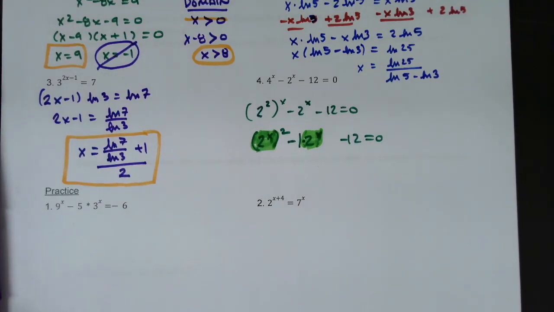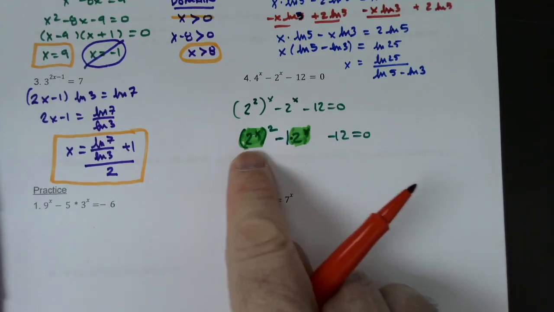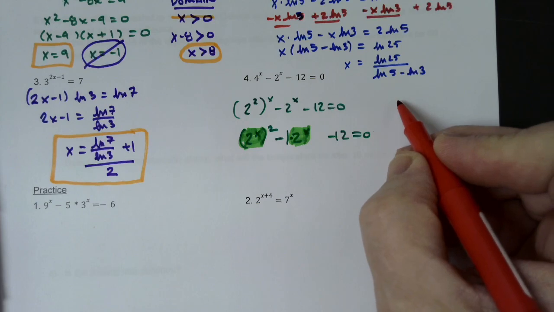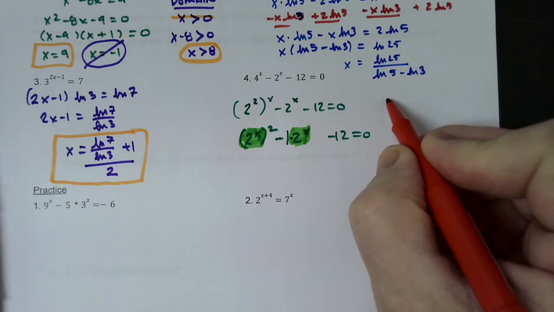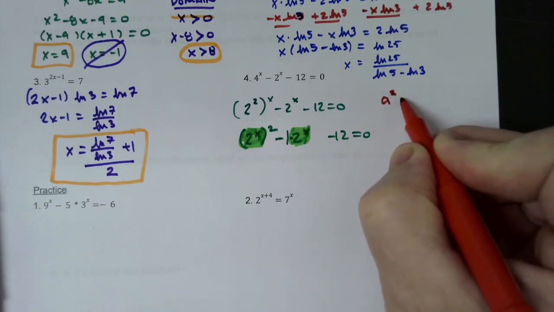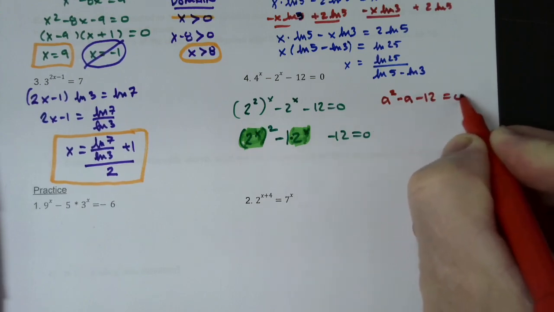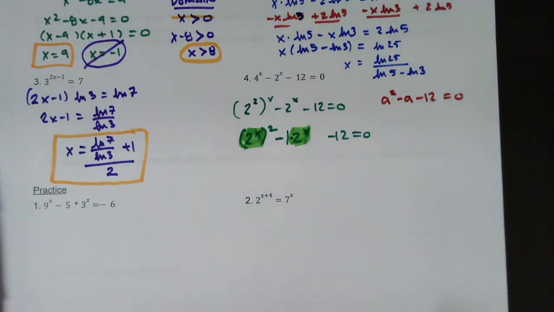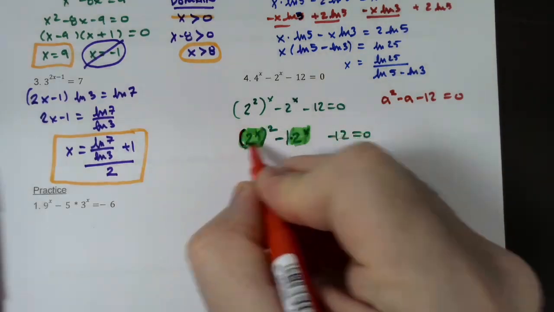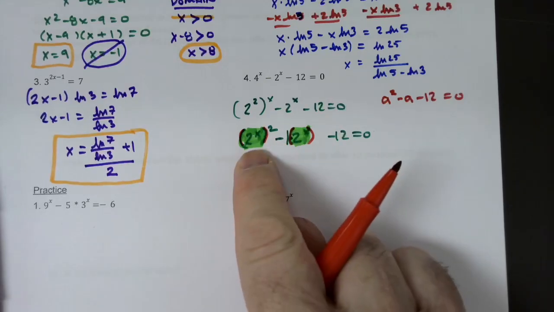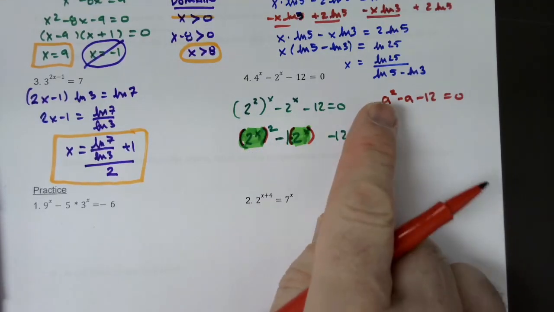Okay? So if you don't see it, this should look like something, and I'll use a different variable here. It should look like, say, a squared minus a minus 12 equals 0. Okay? This thing here being a. I've got one of them here and one of them here. This one happens to be squared.